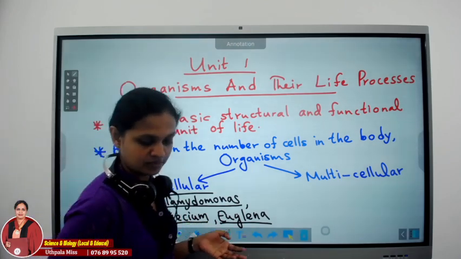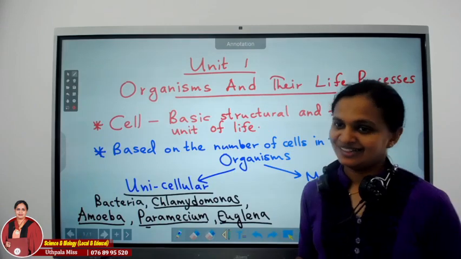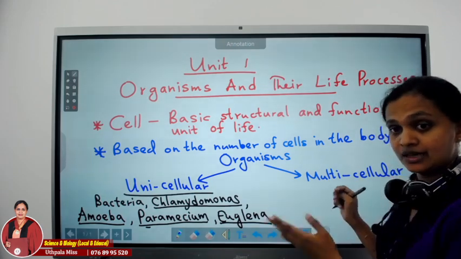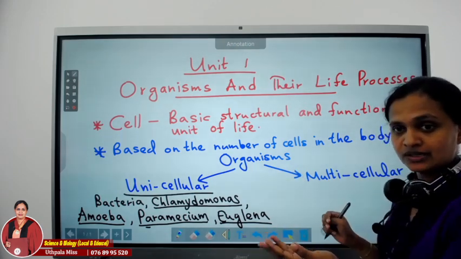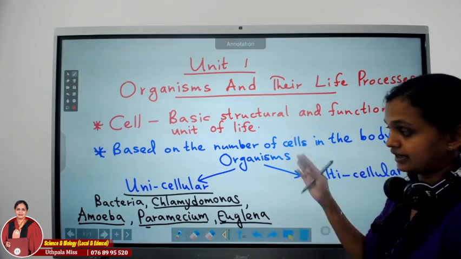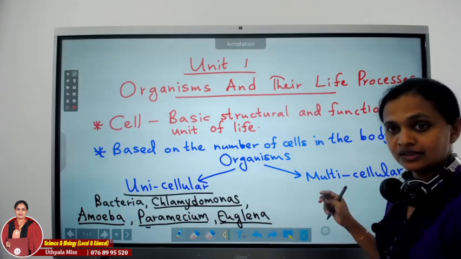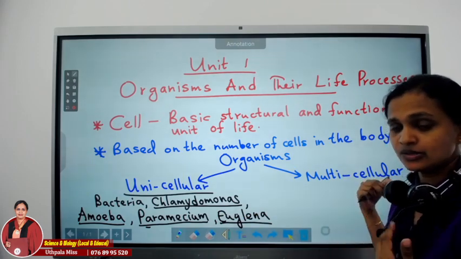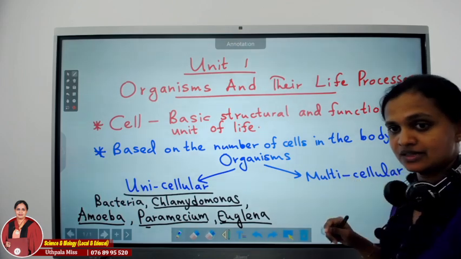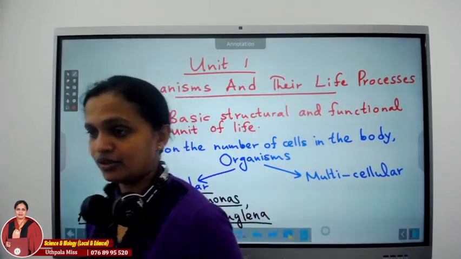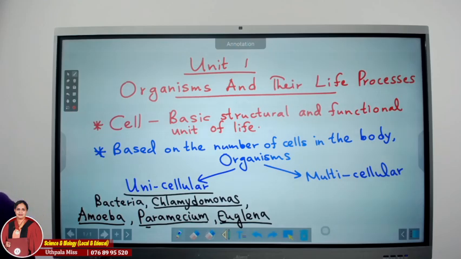When it comes to multicellular organisms, we all are multicellular, so you can mention plants and animals and some of the microorganisms which we consider fungi. There are unicellular as well as multicellular varieties, and the algal varieties too. All plants and animals are considered multicellular; their bodies consist of a large number of cells. If I show you something related to unicellular and multicellular organisms, first of all take this down.